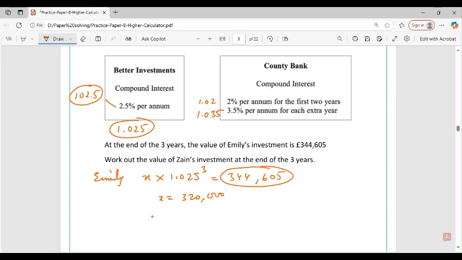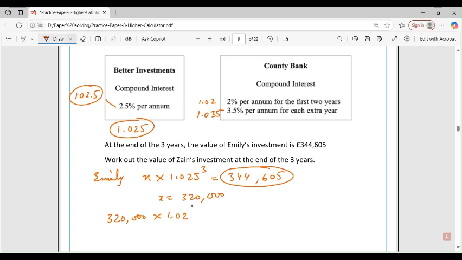When it comes to finding out the Zen investment at the end of 3 years, this is going to be 320,000, and this is going to be multiplied by 1.02 to the power of 2 and then multiplied by 1.035.